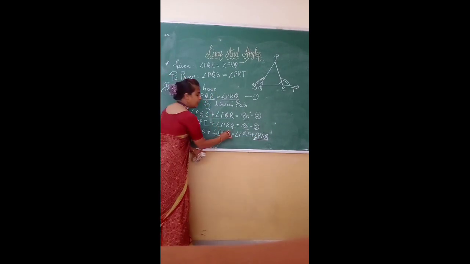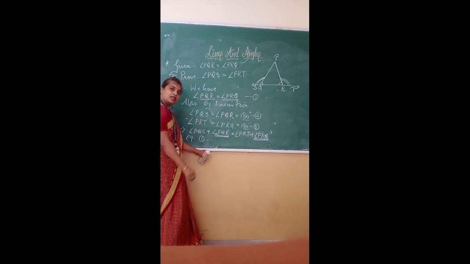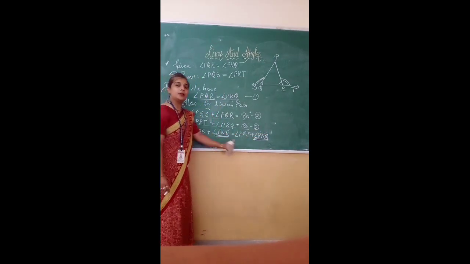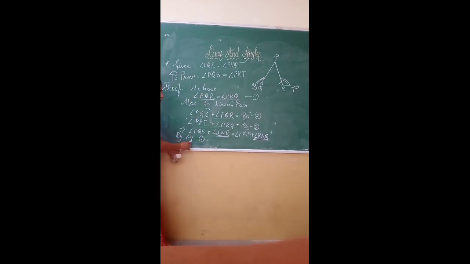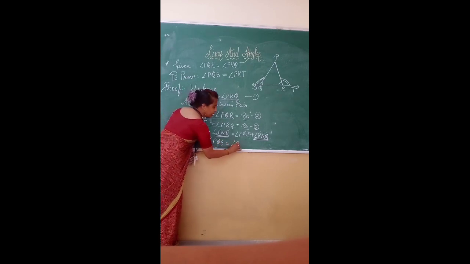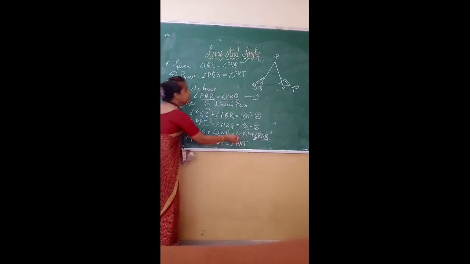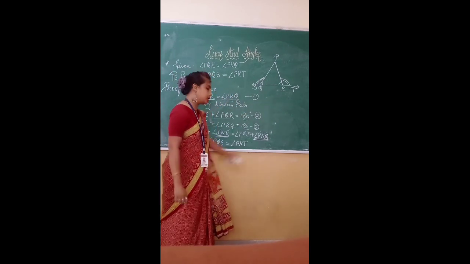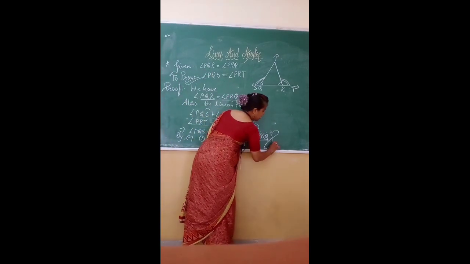If one of the parts is equal, ठीक है, then we can cancel this part. If the part gets cancelled, then by equation 1, what is the remaining part? That angle PQS is equal to angle PRT, and this is what we had to prove, that angle PQS is equal to angle PRT.